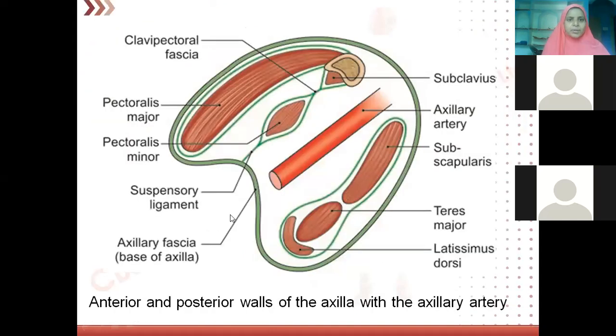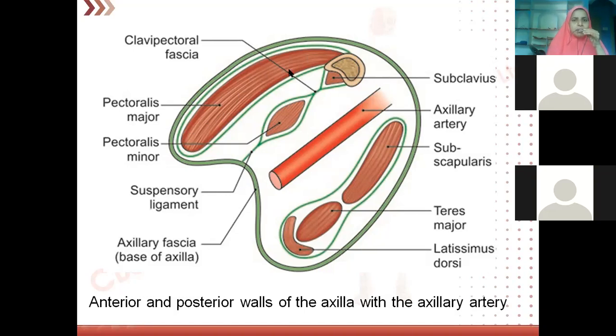Now, when you talk about the boundaries, from yesterday's lecture of the pectoral region, I hope you understood, anteriorly in the pectoral region, what do we have first? We have first skin. After skin, we have superficial fascia. In the superficial fascia, the modified sweat gland is the mammary gland, below which we have the pectoralis major muscle.